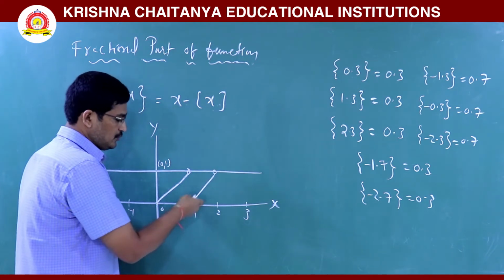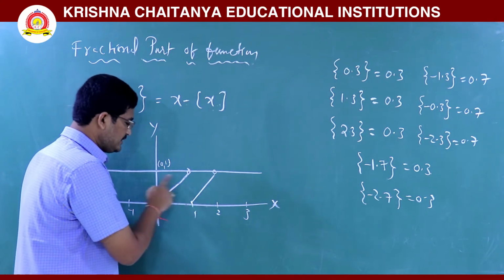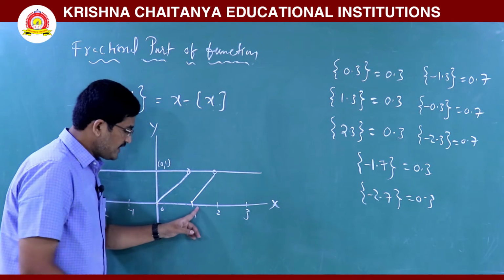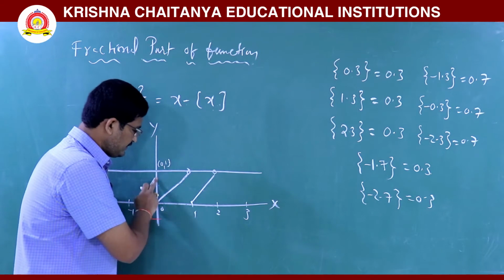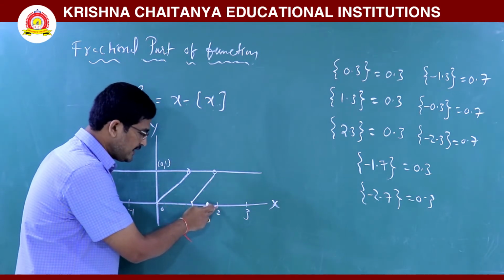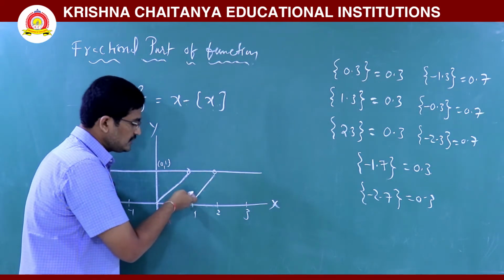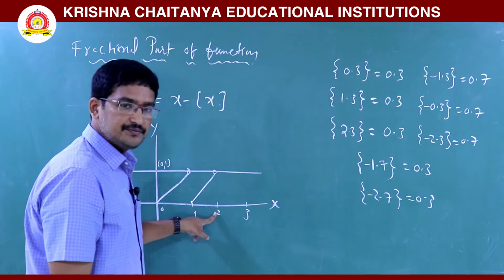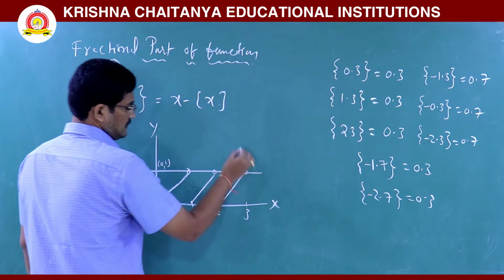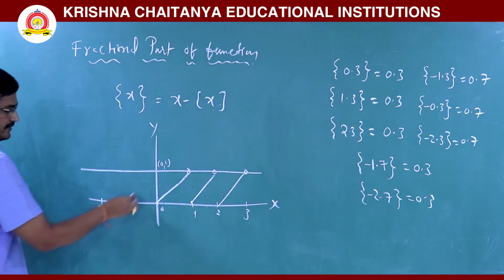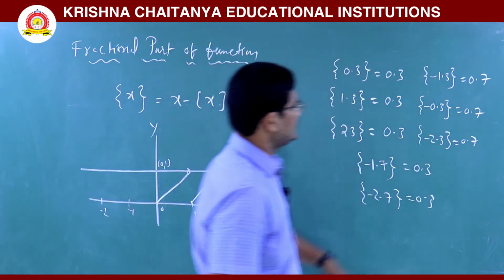Fractional part of 1.1 is 0.1, of 1.5 is 0.5, of 1.9 is 0.9, of 1.9999 is 0.9999. So this line moves like this up to the value before 2. In this way, this is the function.